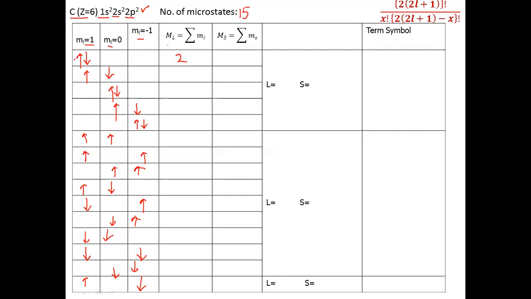One is positive spin, the other negative, so MS is 0. Now for this, it is 1 electron in 1, 1 multiplied by 1 is 1, 1 multiplied by 0 is 0, 1 plus 0 is 1. Again MS is 0 because one is with upward spin, another with down.